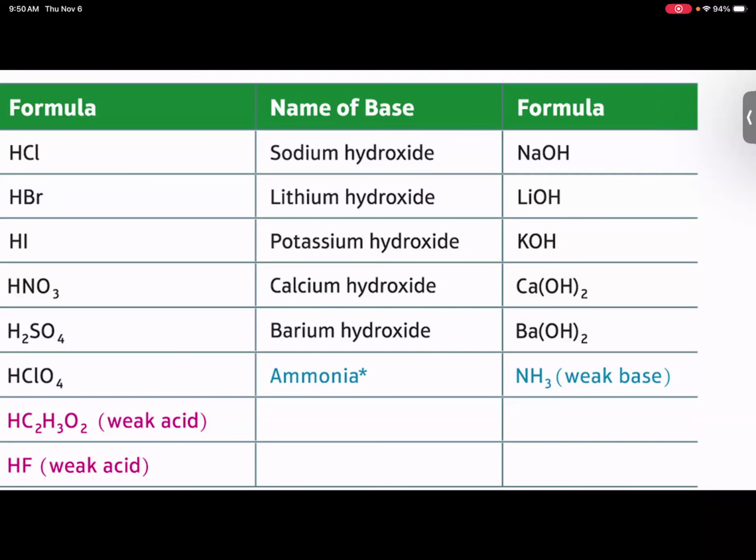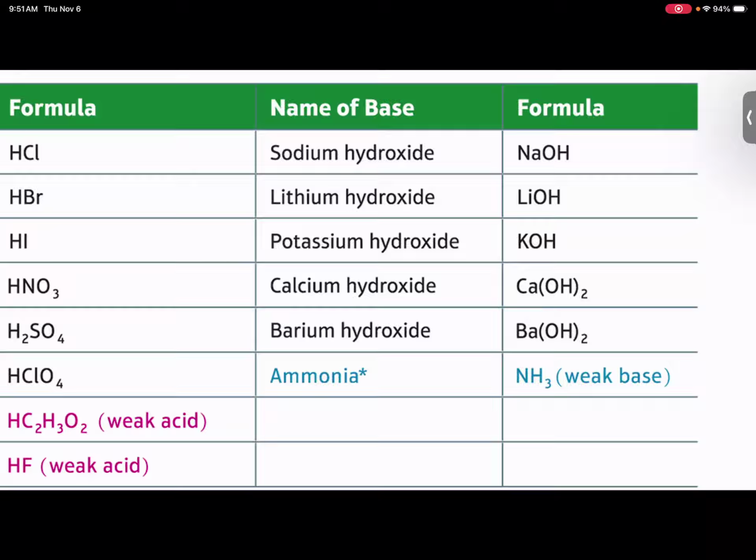Your weak bases would be other hydroxides and ammonia and compounds that contain amines, which we talked about on Monday. So again, your strong bases are going to fall into group 1 hydroxides, calcium, strontium, or barium hydroxide.